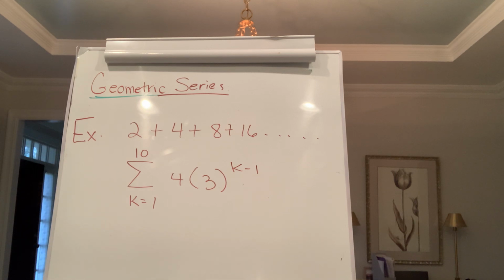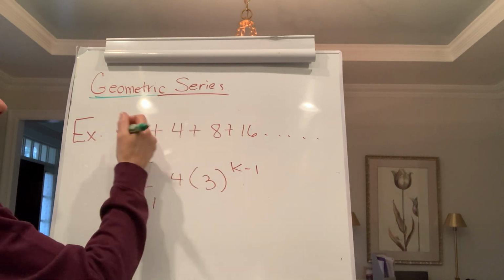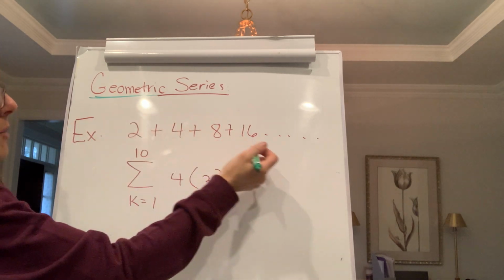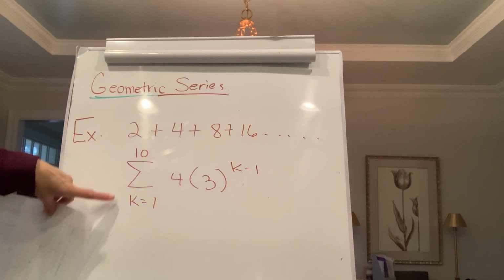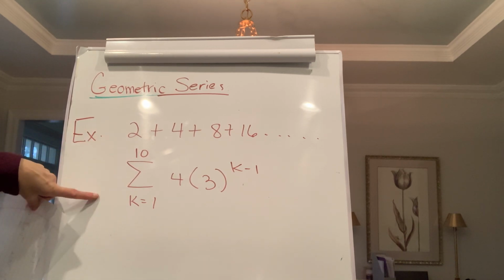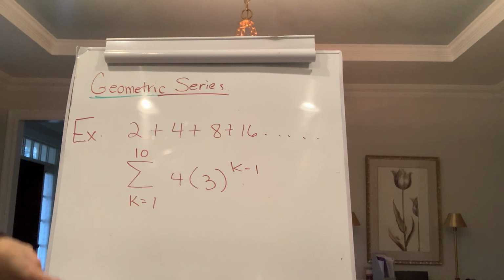All right, so we want to find the sum. Now, we cannot always find the sum of an infinite geometric sequence. If you think about that, it's going to get bigger and bigger and bigger, so we can't do that. But if it's finite, meaning that it only has 10 terms, then I can find the sum of it.